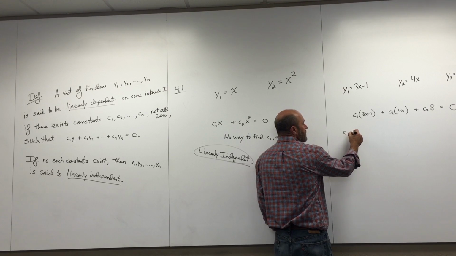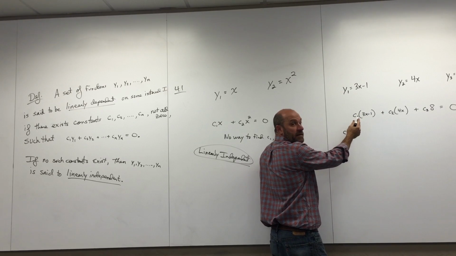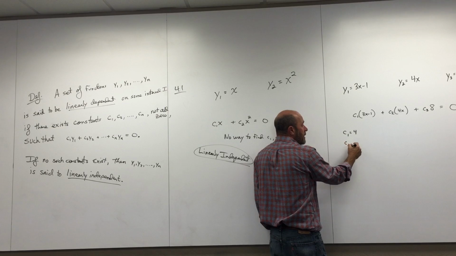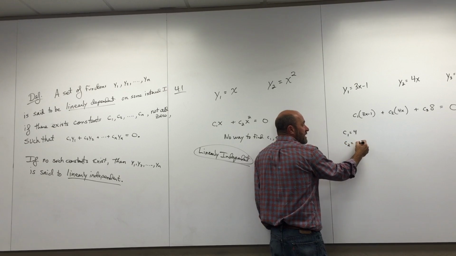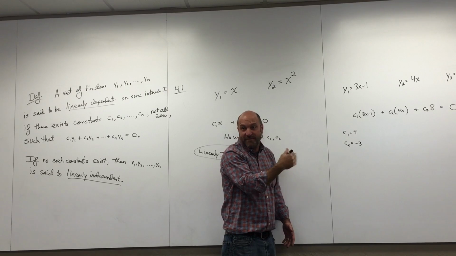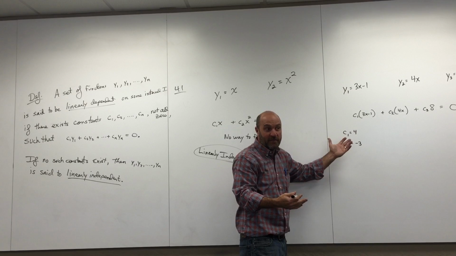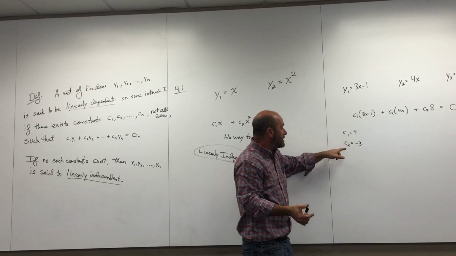Maybe let C1 be a 4, because that would give you a 12x. And then C2 could be a negative 3. Is that making sense to you? My method is just to kind of play around and feel this out. But you guys are onto it.